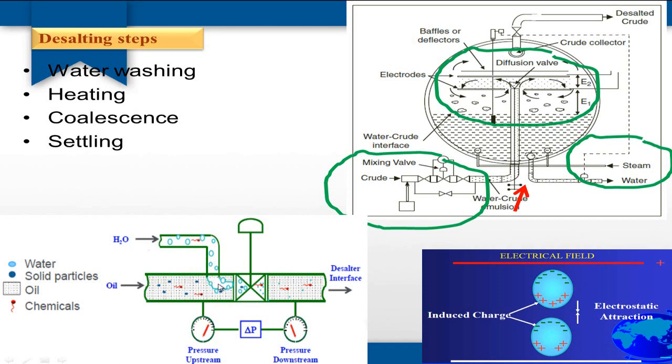Water will act to dissolve, particularly here where we have the solid particles, and now it will dissolve the salt content in the crude and distribute the salt into water, uniformly producing very tiny droplets.